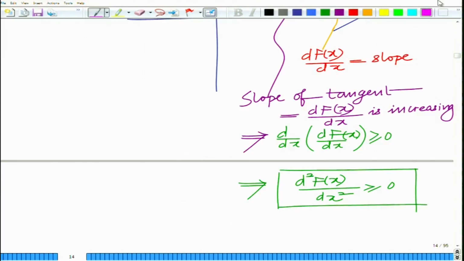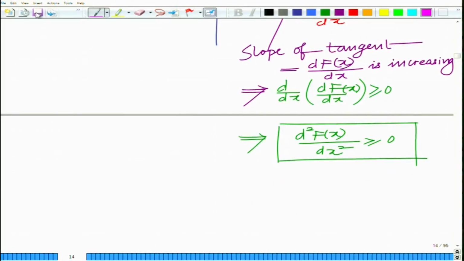This is basically nothing but the condition that the slope or the derivative is constantly increasing.